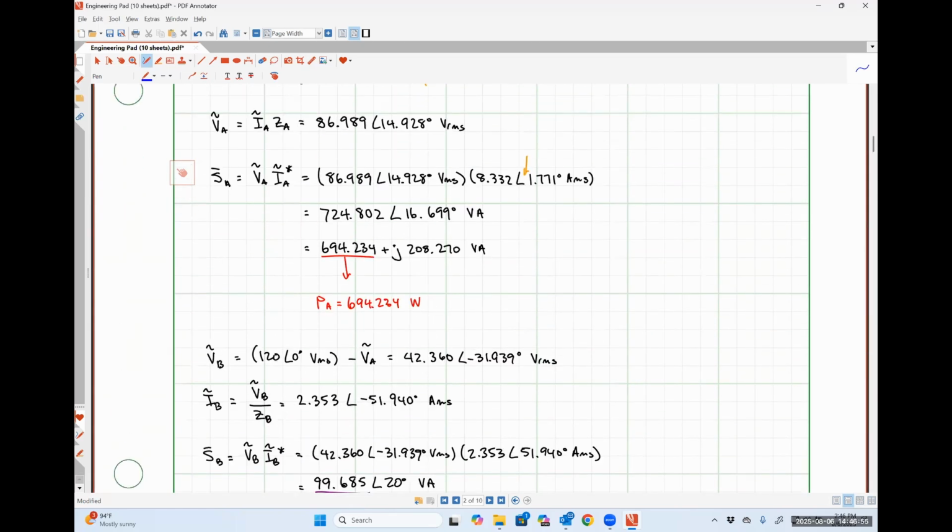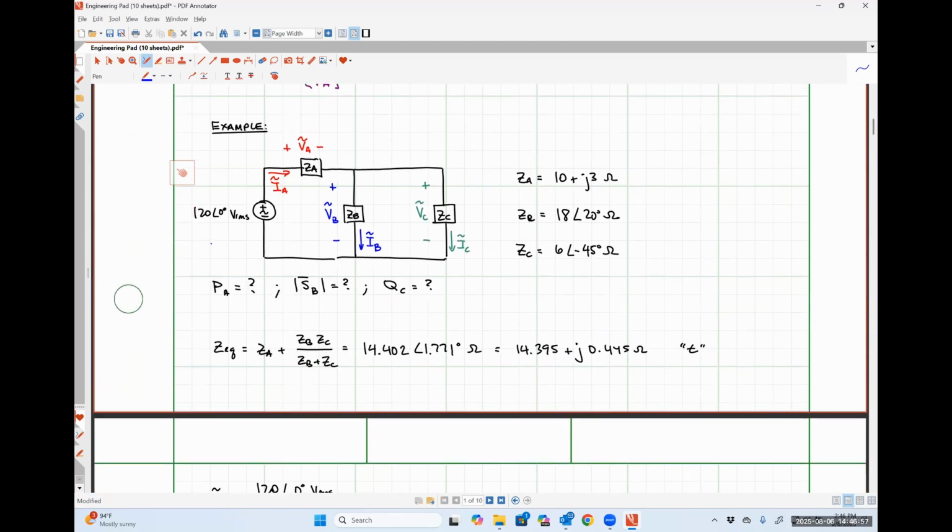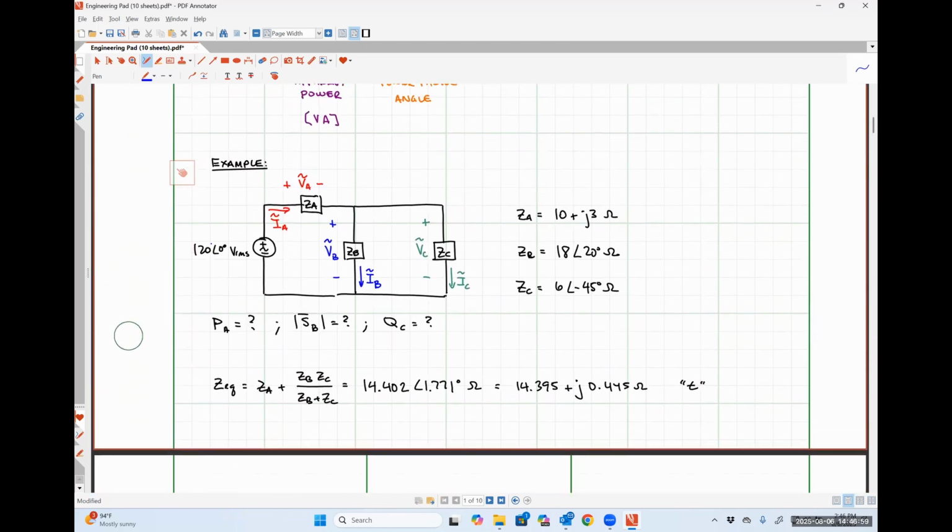So let's scroll up here and let's look at our original diagram, right? So I have the current IC is flowing out of the negative polarity terminal, or another way to put that would be flowing in to the positive polarity terminal. So the complex power that we calculated was the complex power absorbed by impedance ZC.